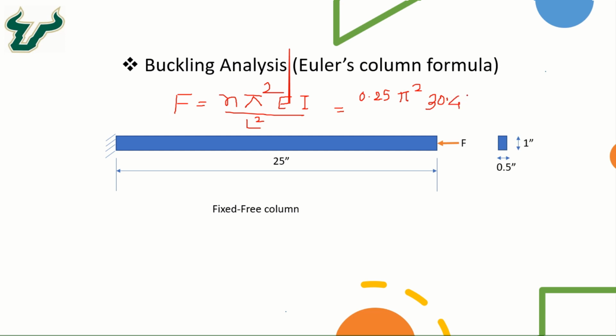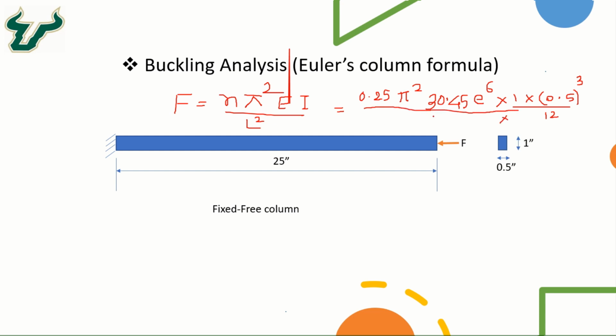30.45 times 10 to the 6. We're using the same material, alloy steel, as we used in the previous case, multiplied by I, which is BH cube over 12. So 1 times 0.5 cube divided by 12, divided by L square.